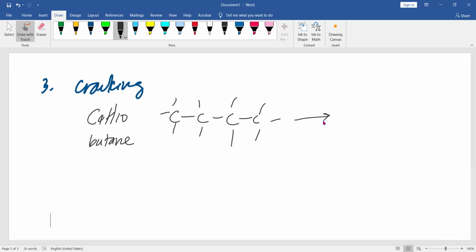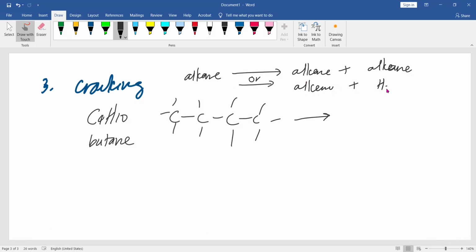I break it down: an alkane can break into an alkene and an alkane, or an alkene and hydrogen. So if I do this, I can get C4H8 and hydrogen.